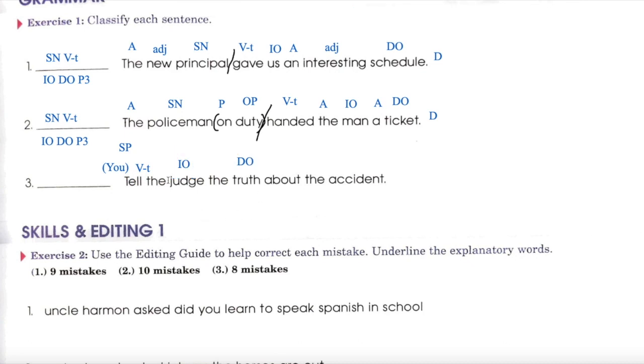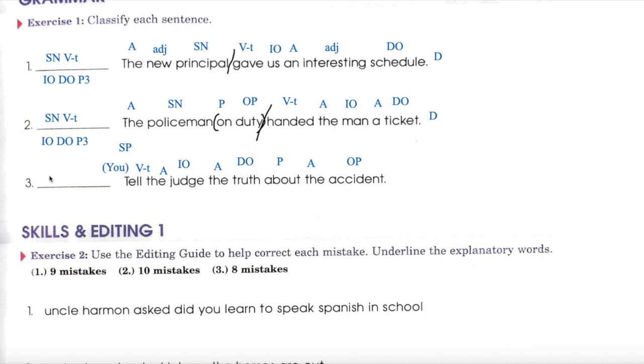The is always an article adjective. The is always an article adjective. About is always a preposition. About what? Accident. Object of the preposition. The is always an article adjective.